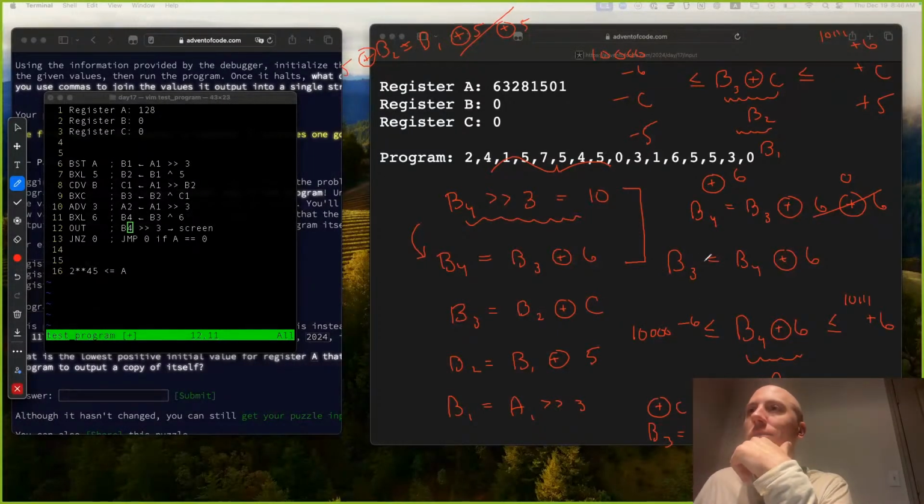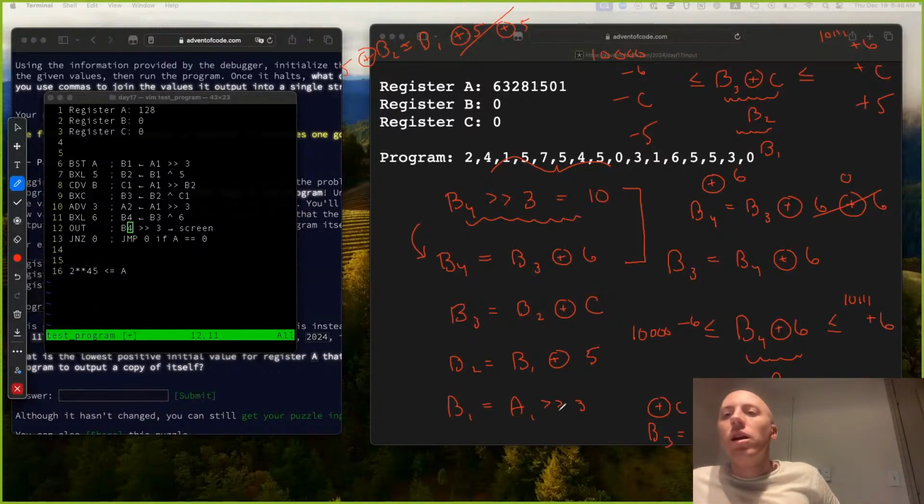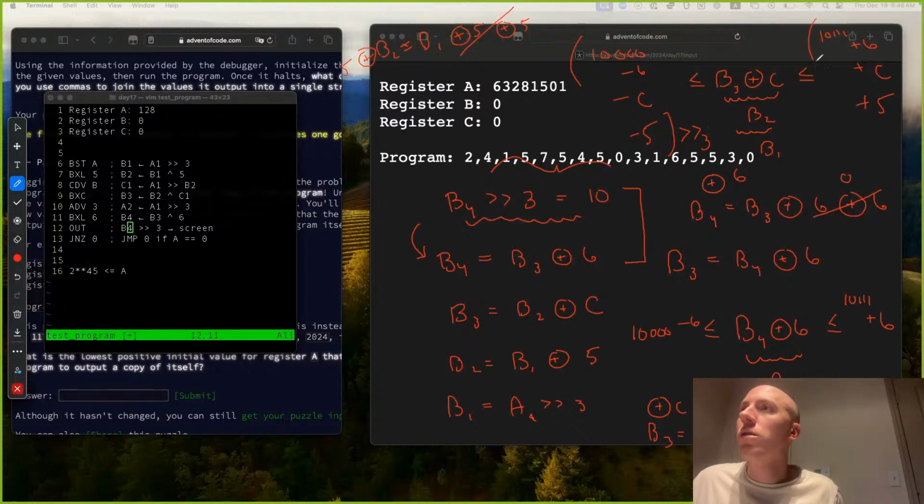And then B1 is equal to A bit shifted by 3. So this is going to keep its form. We would shift this whole thing by 3 and shift this whole thing by 3.